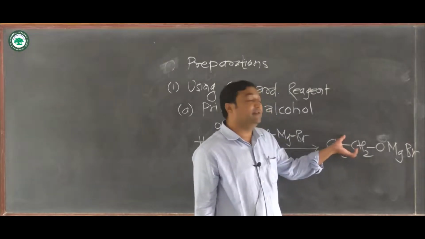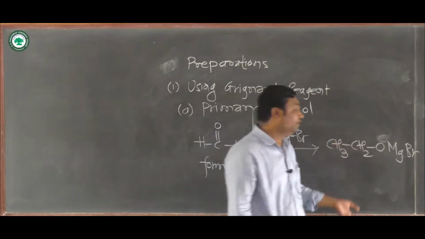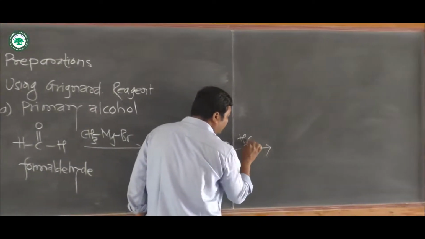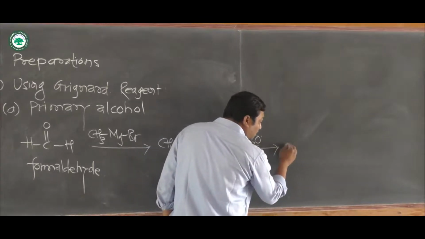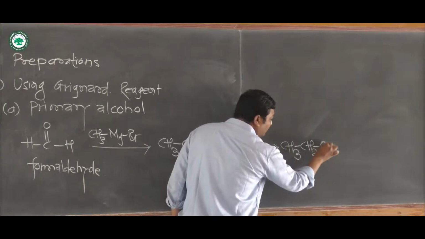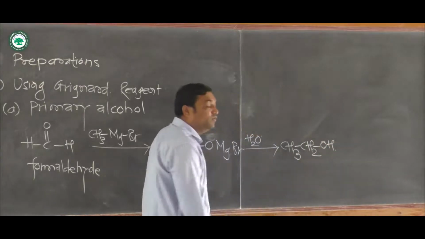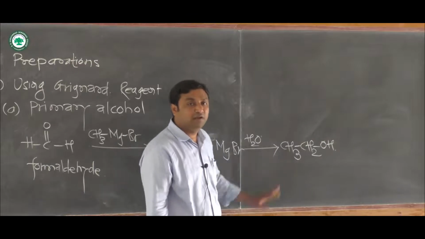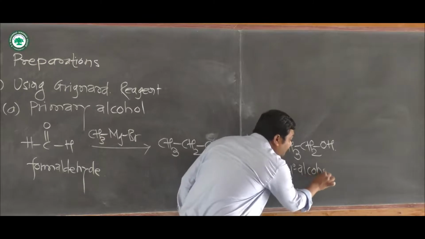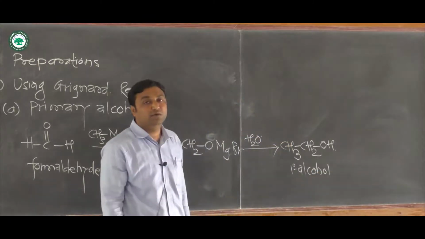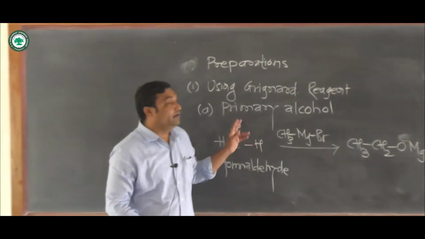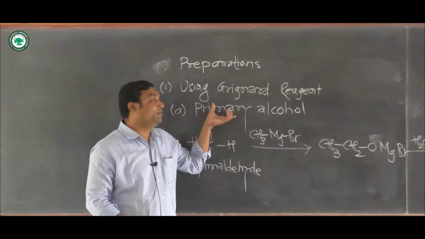Now this intermediate undergoes hydrolysis to form primary alcohol as a product. That is ethyl alcohol here. This is the first reaction, that is preparation of primary alcohol.